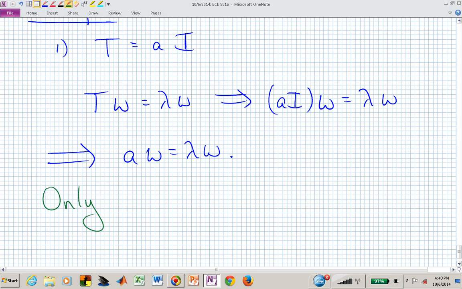A 3 by 3 matrix. Do we have any other eigenvalues other than 8? No, that's the only eigenvalue we have. So the only eigenvalue in this particular example of T being A times I is just A. So the only eigenvalue is lambda equal to A.